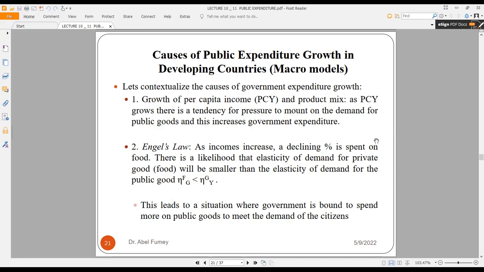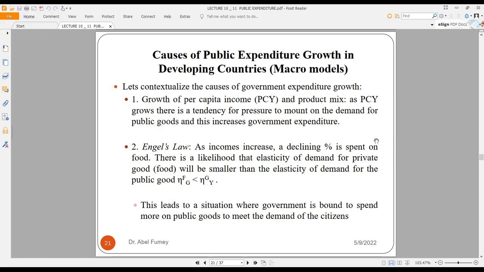Now your income has increased to 200, and now you are using 15 cedis. That is like 7.5%. So you see that as your income is increasing, the percentage of your income that you spend on food is decreasing.